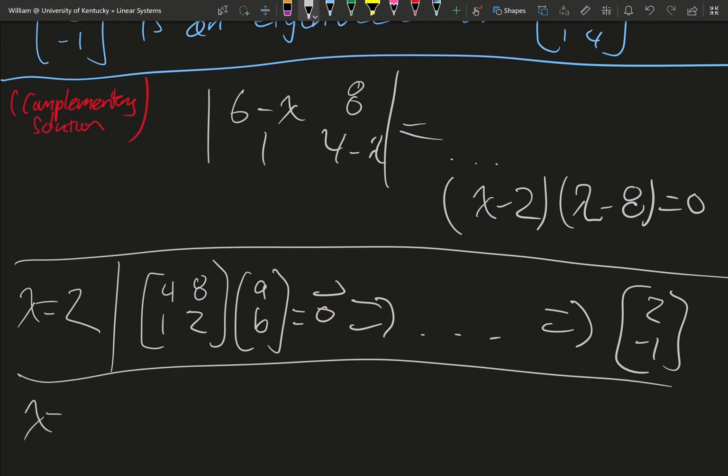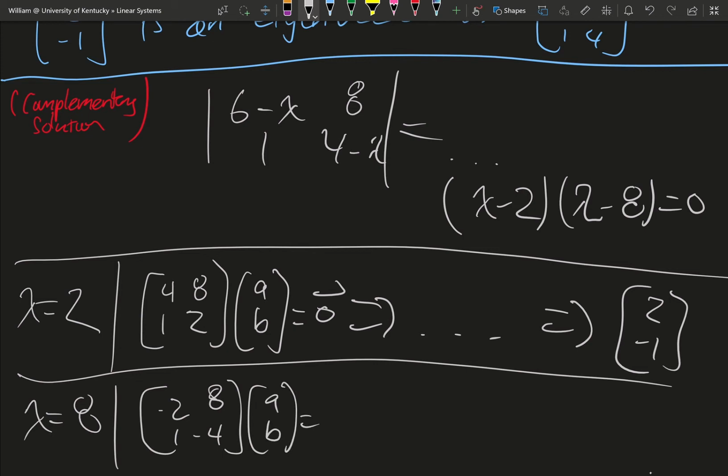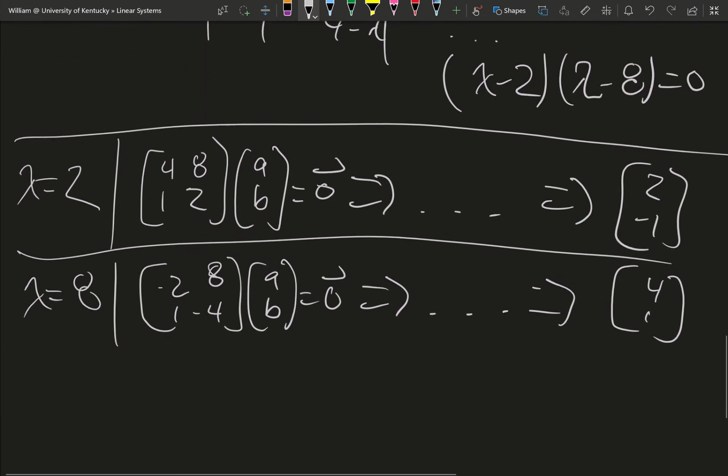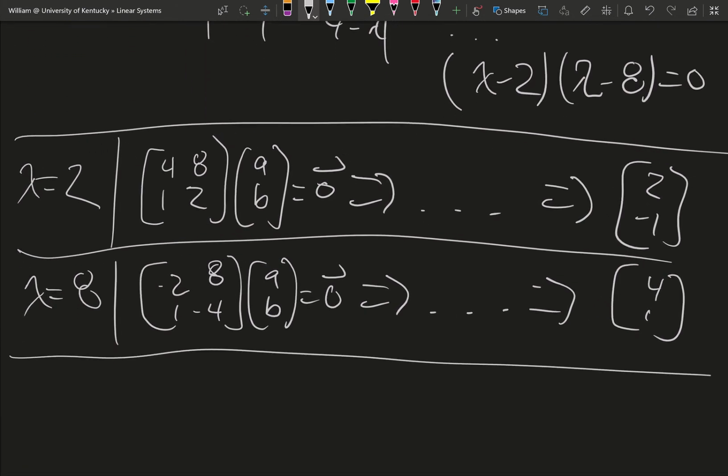And for lambda equals 8, we end up with the eigenvector 4, 1. Okay. So if we wanted to, not totally necessary, but we could write our complementary solution.